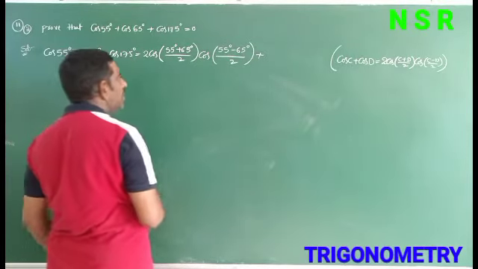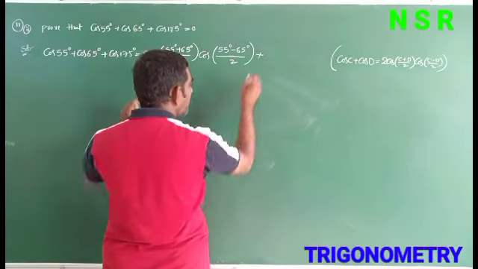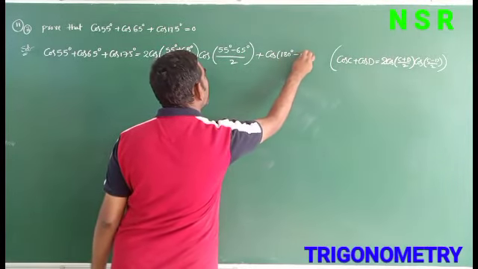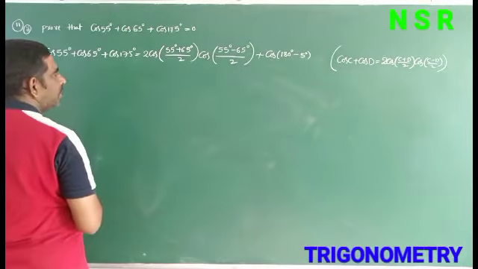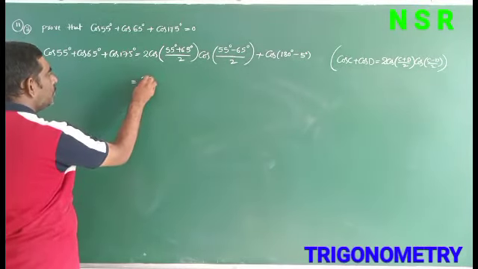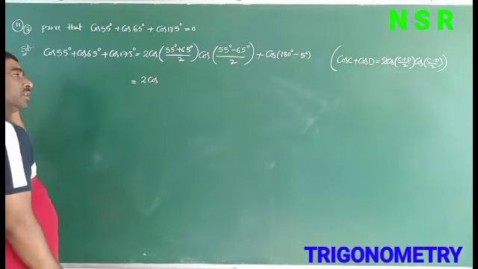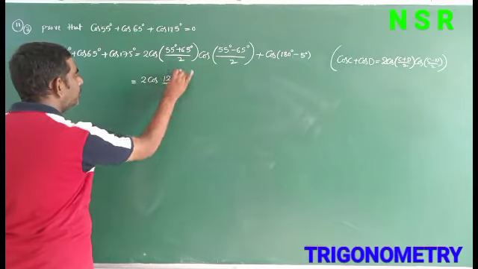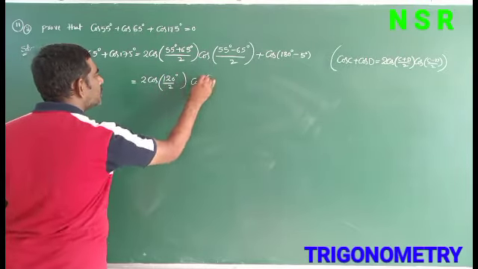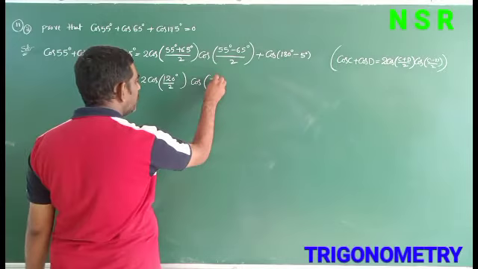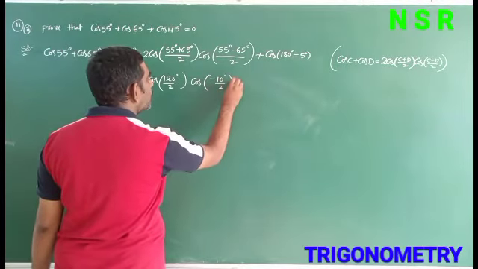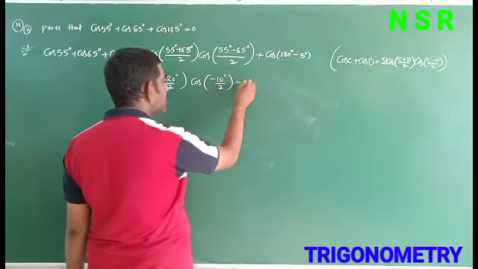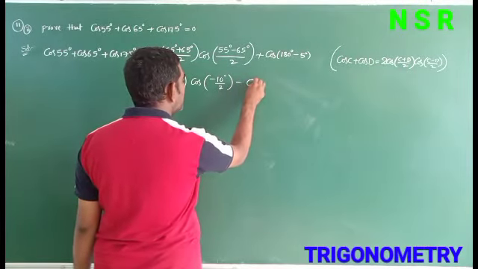Plus cos 175. So cos 175 is near to 180, so it can be written as 180 minus 5. Now 2 cos (55 plus 65), 120, 120 by 2 into cos (55 minus 65), minus 10 by 2, minus cos (180 minus theta). It is in the second quadrant, so cos is negative, so minus cos phi.